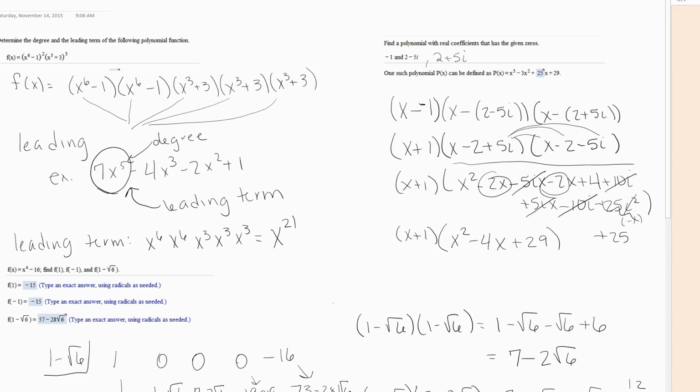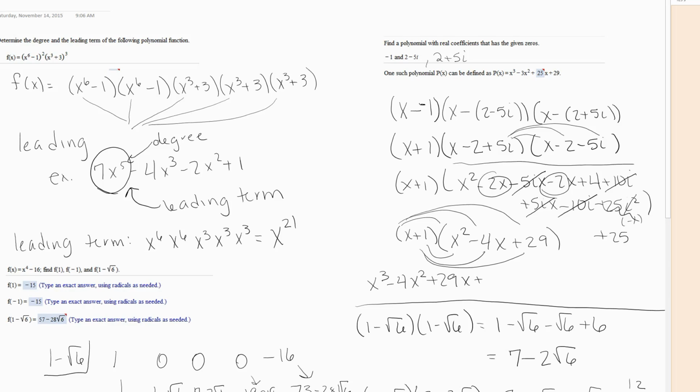Okay, now we're going to multiply the x plus 1 times that. So we'll take the x by each of them. So I'll have x cubed minus 4x squared plus 29x. Then we'll take the 1.